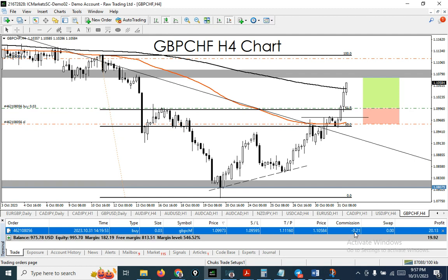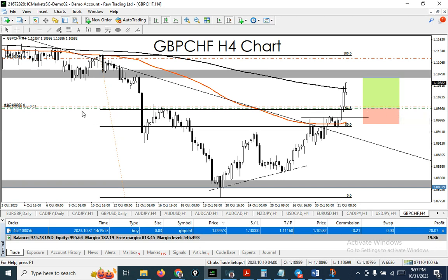So for you to be at break even, you must move it slightly above the entry price. To do that, you left click on this stop loss line and drag it slightly above the entry price here. Okay, this way you've been able to move your stop to break even.